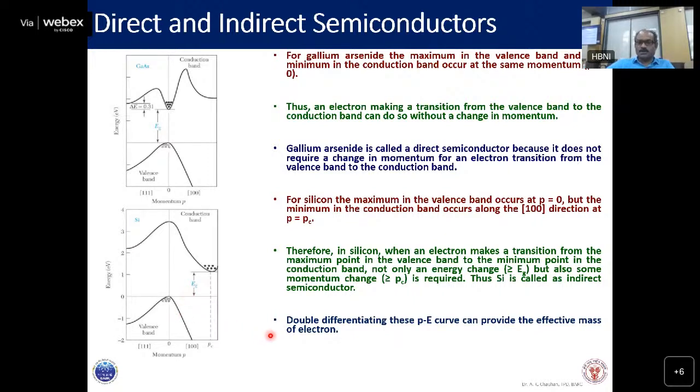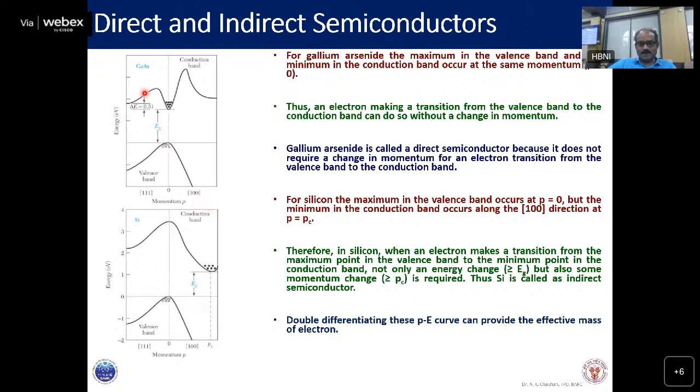Double differentiating this curve can provide the effective mass of the electron. That effective mass is different for both materials. Now, why are direct and indirect semiconductors important? These are important when you require very fast transitions. Transitions in indirect materials are slow because the momentum changes also need to take place.